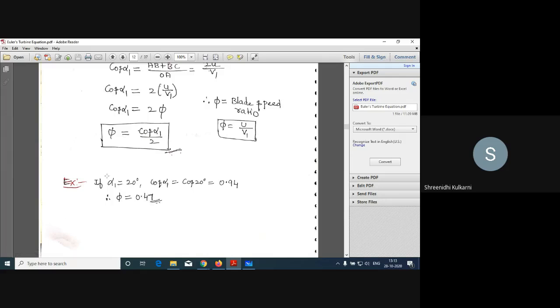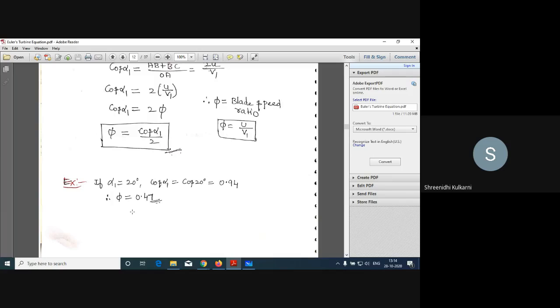That's why the nozzle angle alpha should always be a minimum. If I consider 20 degrees, the phi value varies from 0.47 to 0.48 or 0.5. This is important in hydraulic turbines, especially in the Pelton wheel, where we have the nozzle.